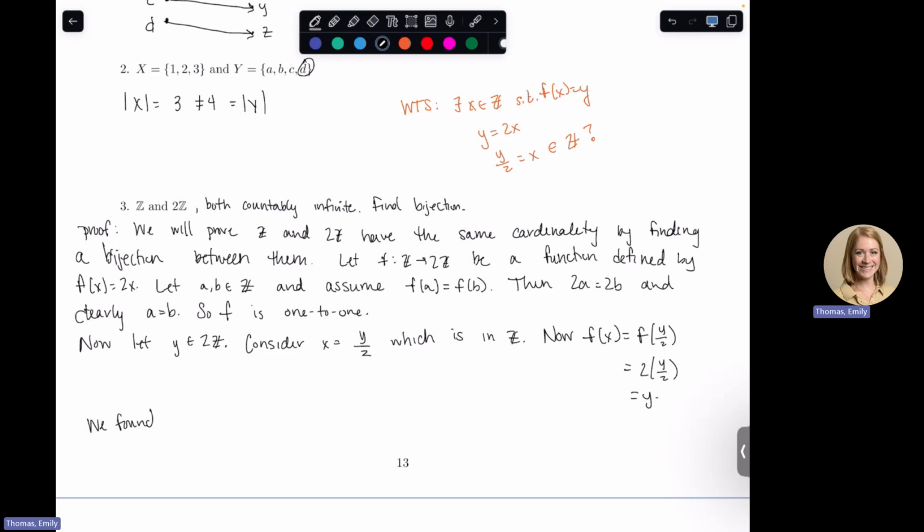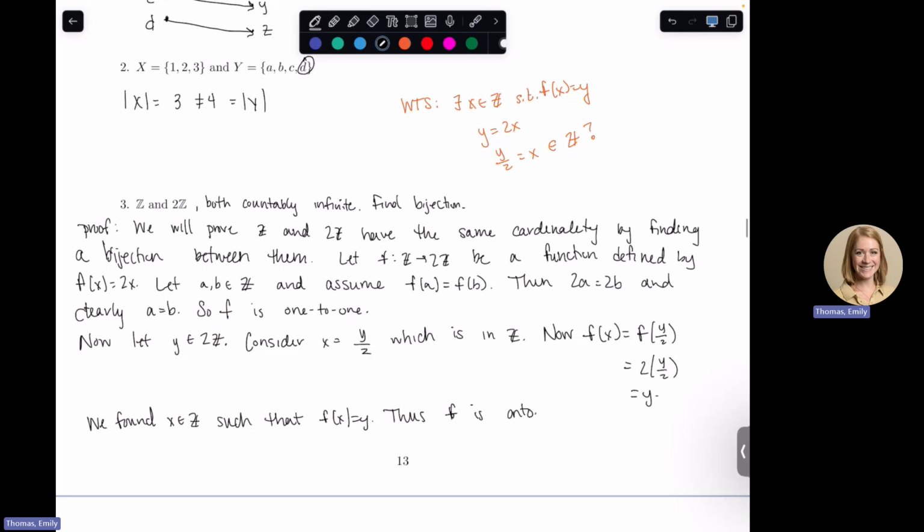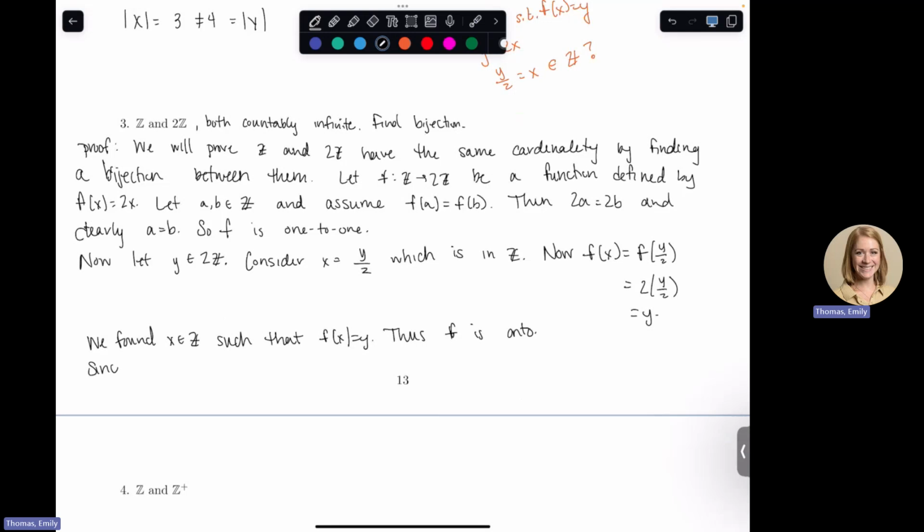So we found x in Z such that f of x equals y, thus f is onto 2Z. Since f is 1-to-1 and onto, f is a bijection. Thus, the cardinality of Z is equal to the cardinality of 2Z.